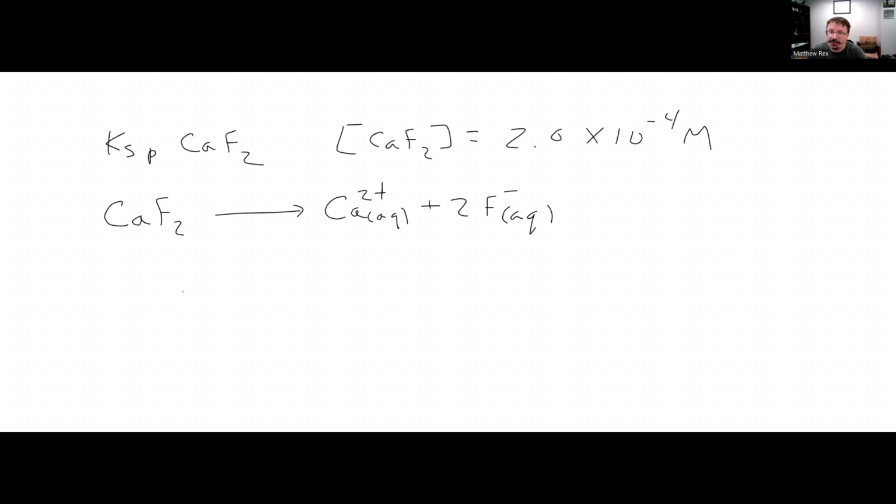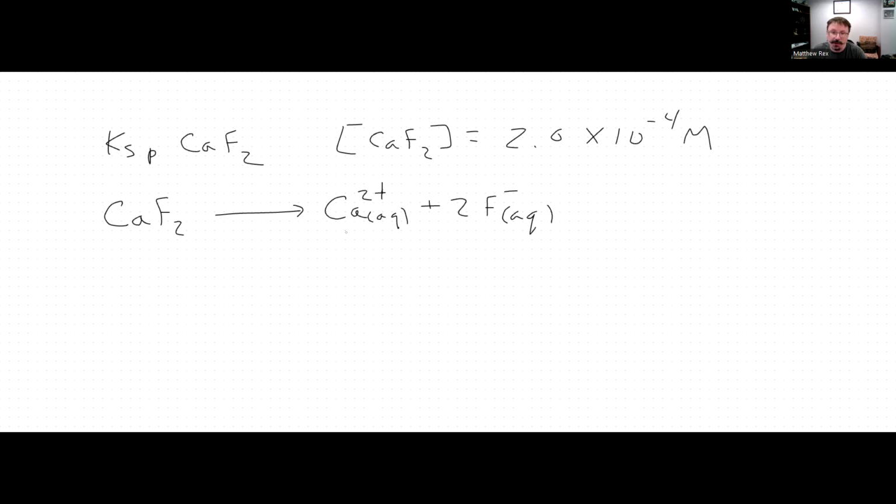So we have a 1-to-2 relationship there. And for every calcium fluoride that goes into solution, we have 1 calcium. So the molar solubility tells us we can dissolve 2 times 10 to the negative 4 moles of calcium fluoride. That should be then the exact same concentration of the calcium because it's in a 1-to-1 ratio.